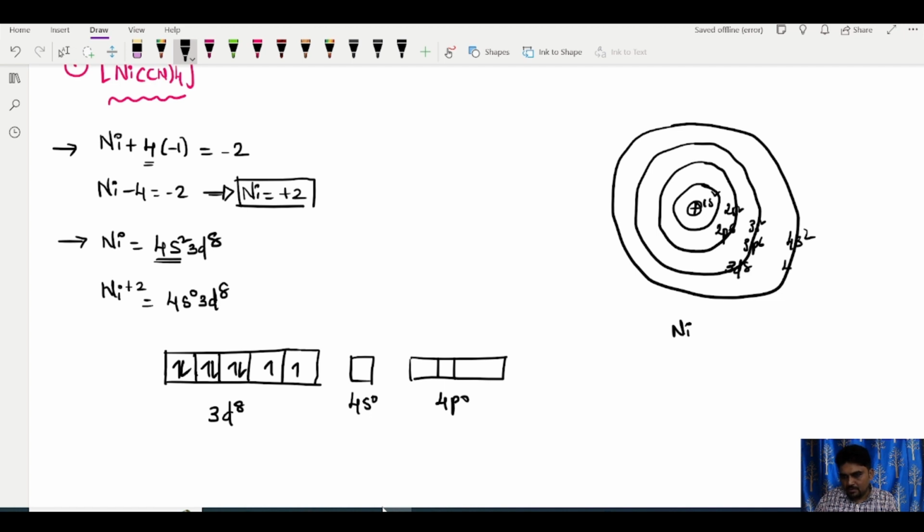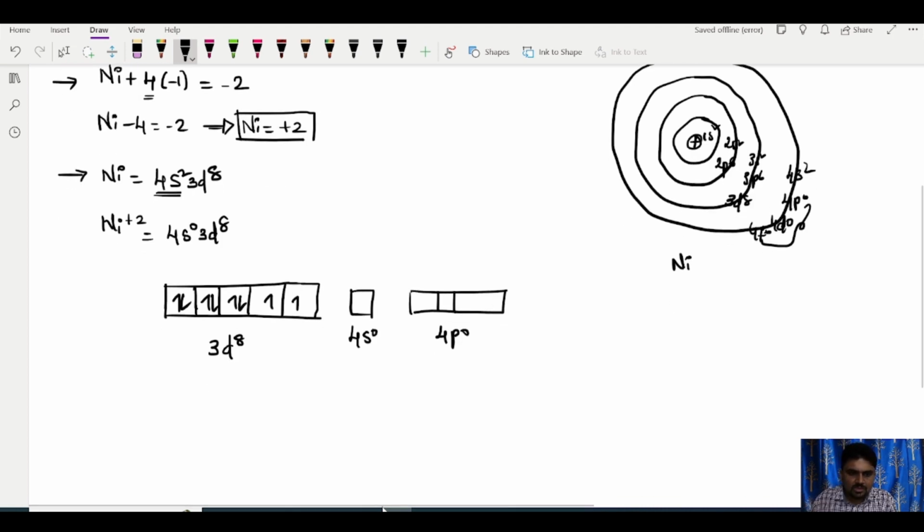In the fourth shell, 4p has 0 electrons, 4d has 0 electrons, and 4f also has 0 electrons. Since there is no electron in these orbitals, we are not writing them. Those subshells are present, but since there is no electron, we are not mentioning them.